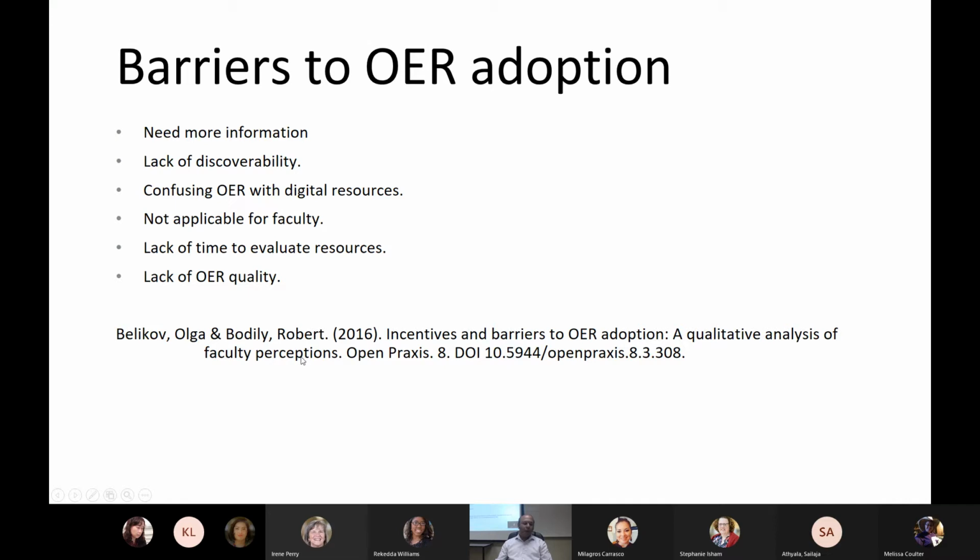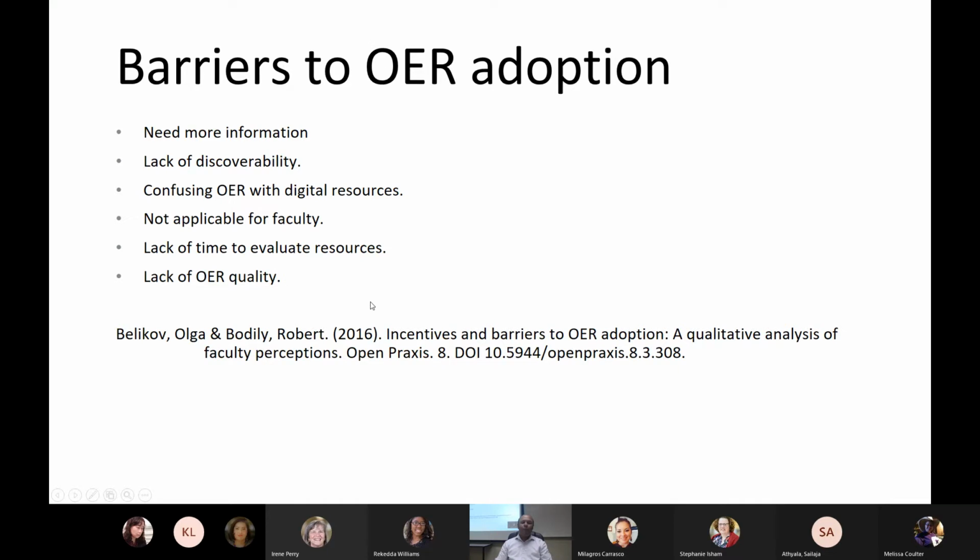Stephanie already attached this link to the chat box. So if anyone is interested, you can read this article, and I believe it is very helpful to understand these barriers and the challenges and the incentive process.